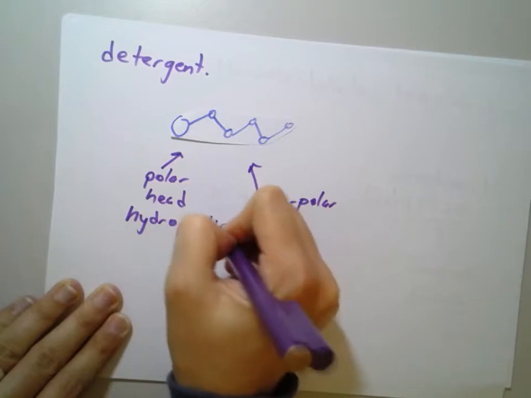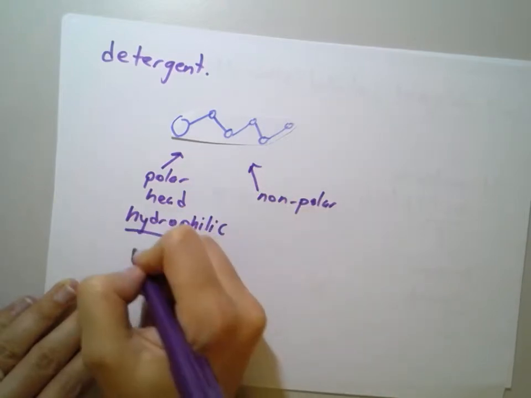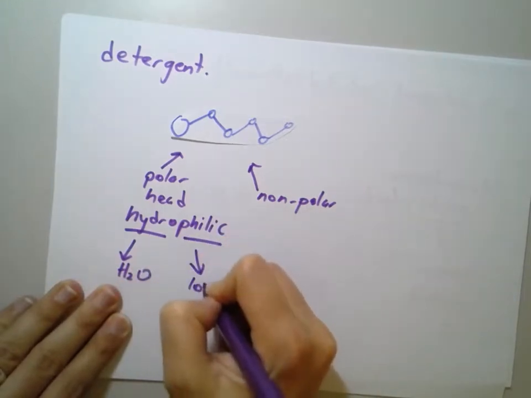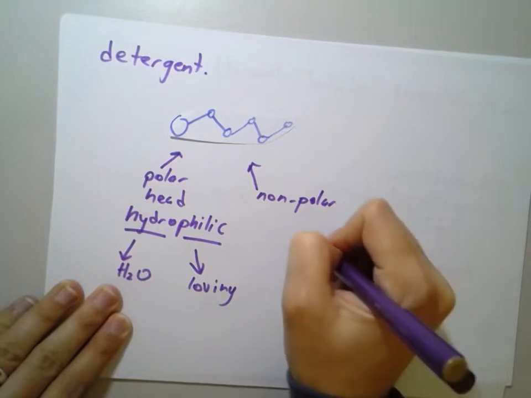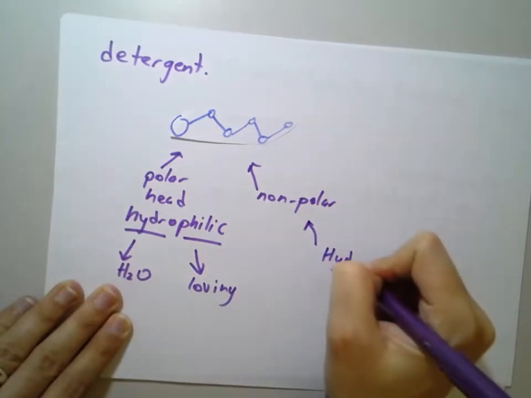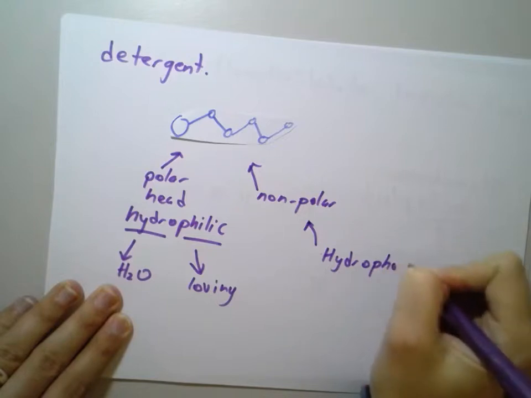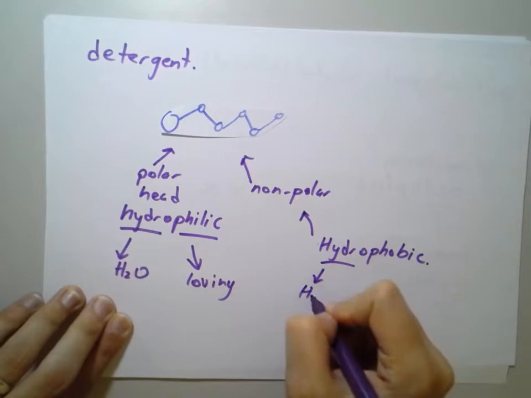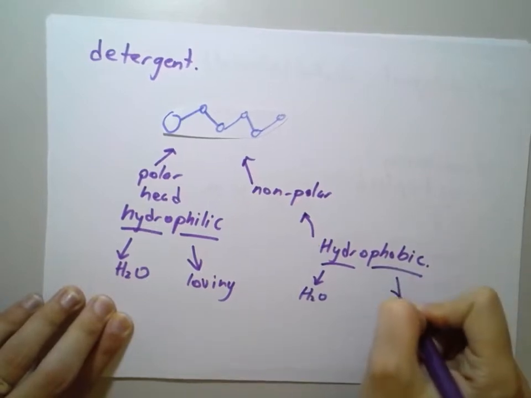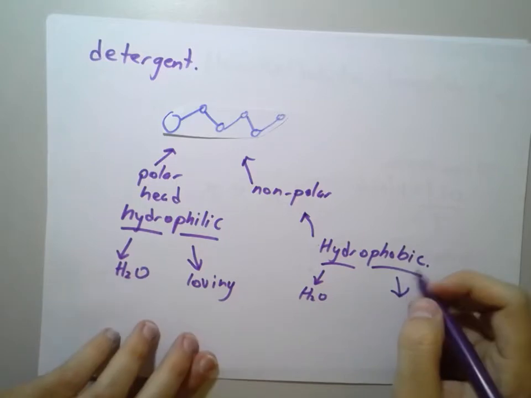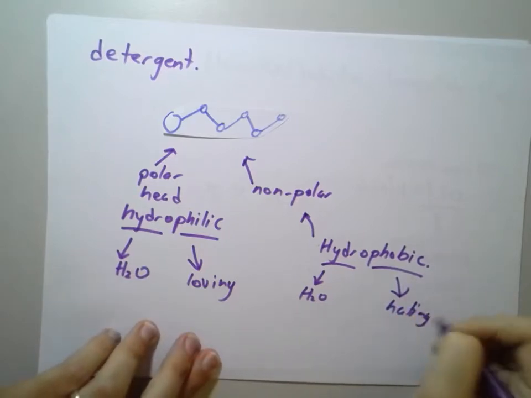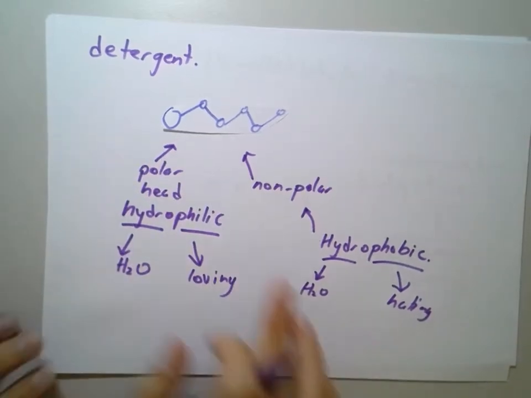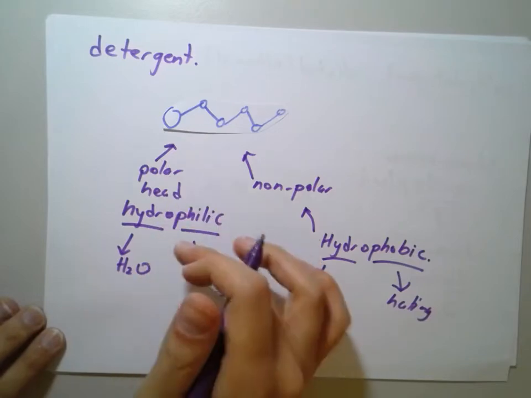Refer to the word hydro, meaning water. Philic means loving. And the tail is actually hydrophobic. Hydro meaning water, phobic means scared of or hating. So phobic means hating, philic means loving. So the heads of the detergent molecules are polar and hydrophilic. The tails are hydrophobic.